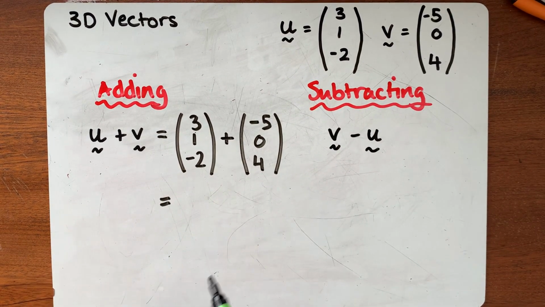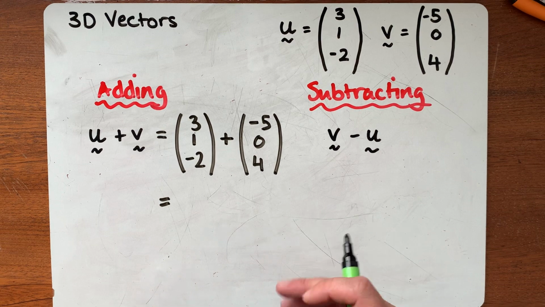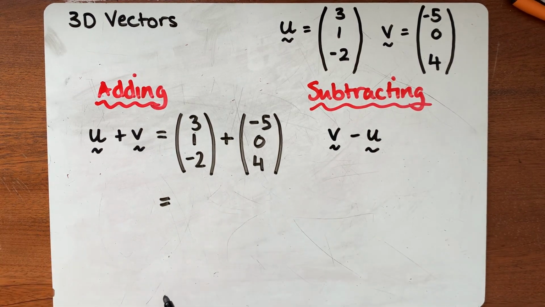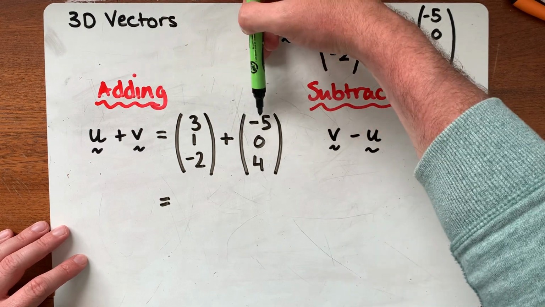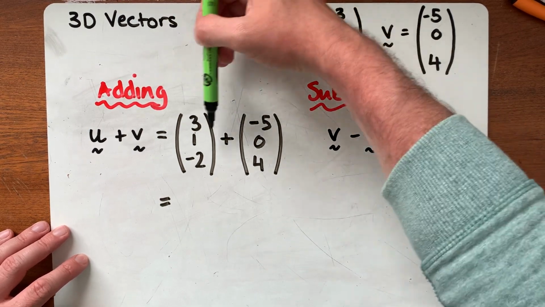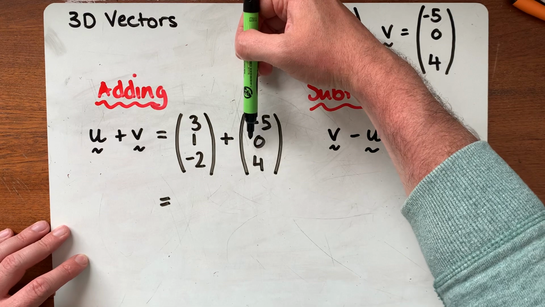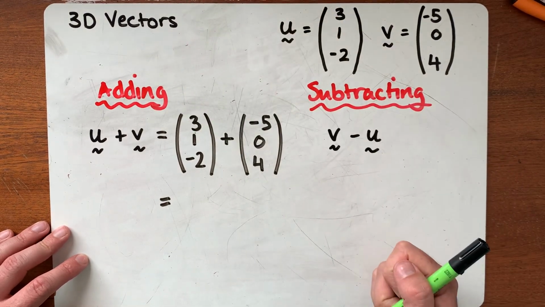Okay, like two-dimensional vectors, when we are adding, we've got to add the corresponding components. It's just that we've got one extra this time. So in this case, we're going to have the top component added, the x component, then the middle components, the y components, and then the ones at the bottom, the z components.